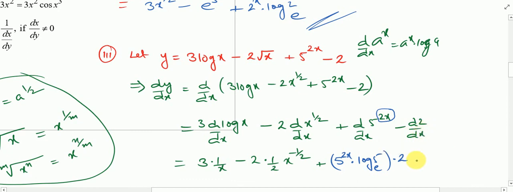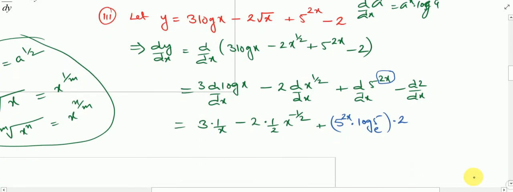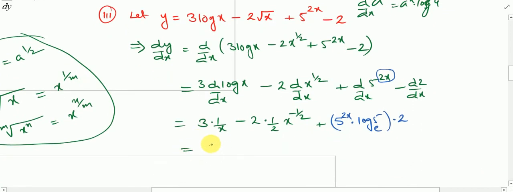differentiation of constant is 0, so I don't have to write minus 0, leave it like that. So here I get 3 by x, here 2 cancelled, minus here x to the power minus half. So you know that if you have x to the power minus m, then this becomes 1 upon x to the power m. So I can write like this.